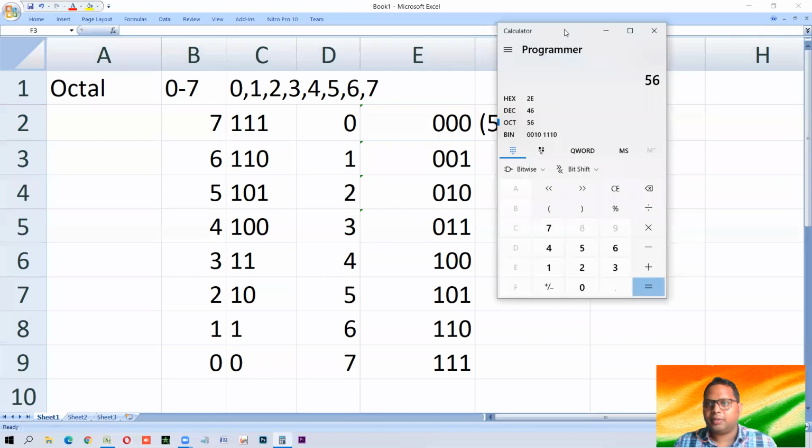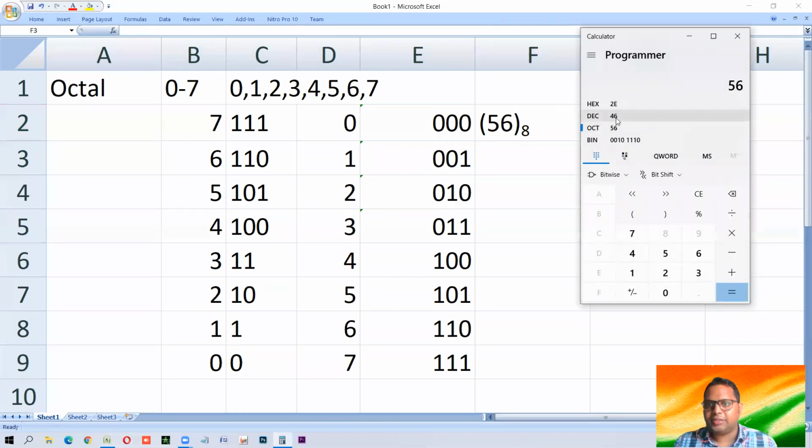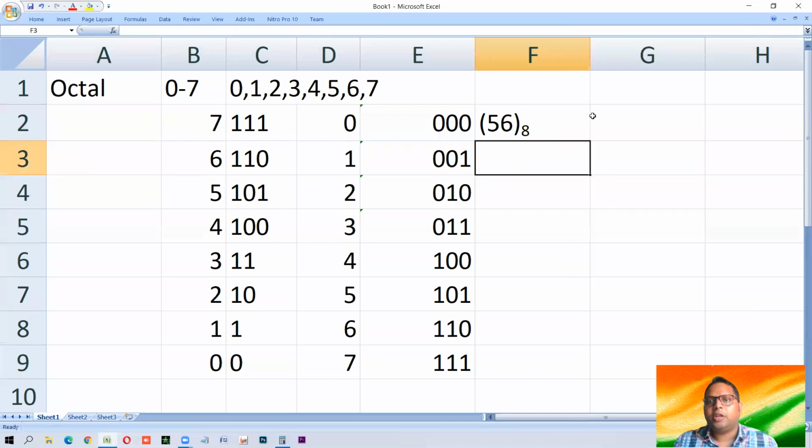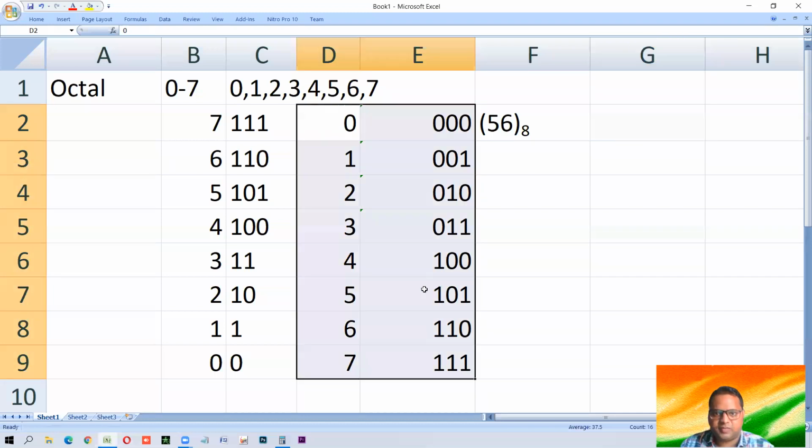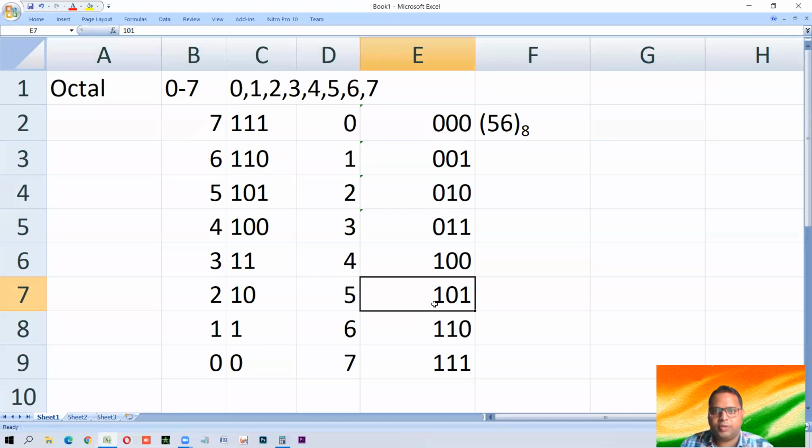Look at this. In octal it's 56, in decimal it is 46, and in binary it is like this. Now if you want to convert this number to binary, then see how easy it is. From this list, find the binary of 5, 101, and then binary of 6, 110.